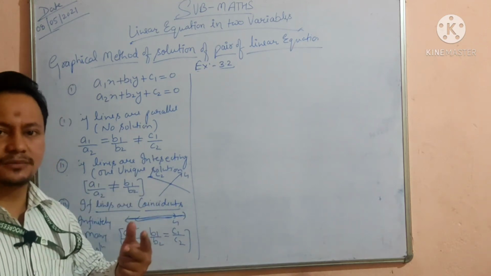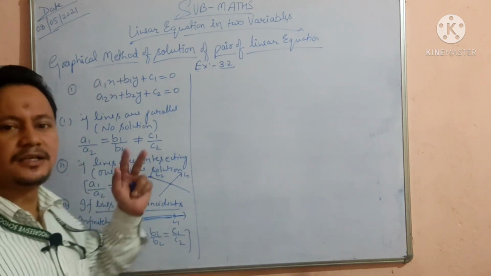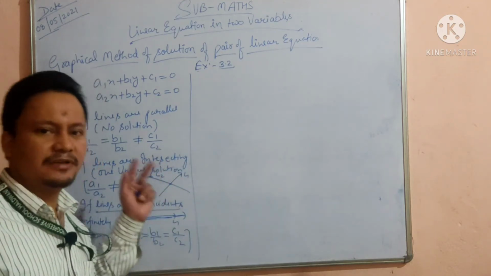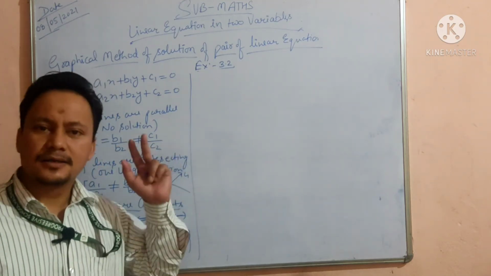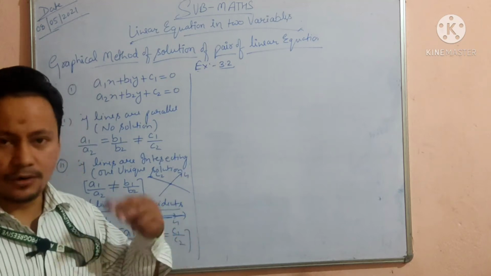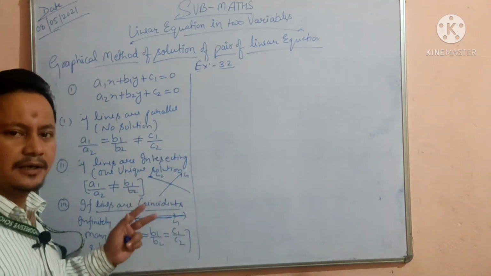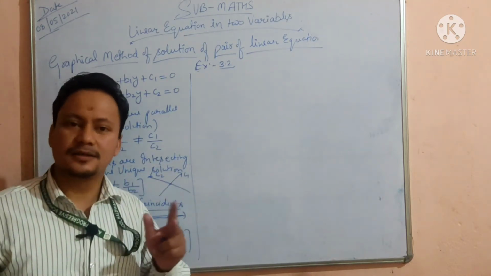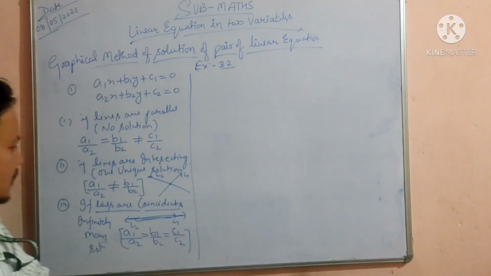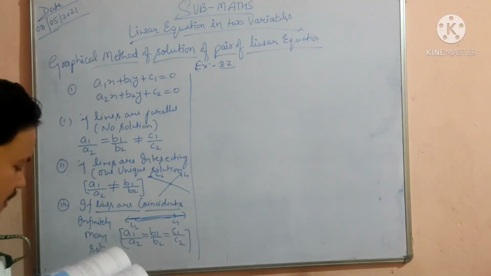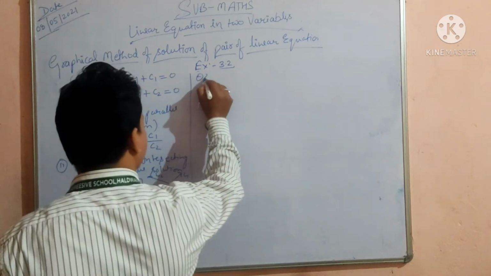At that point, we say the pair of linear equations in two variables is consistent. And if we are not having any solution, then we say the pair of linear equations is inconsistent. I hope you are getting my point. So now on the basis of this information, we are trying to solve question number second.